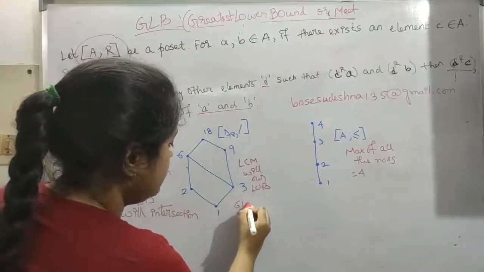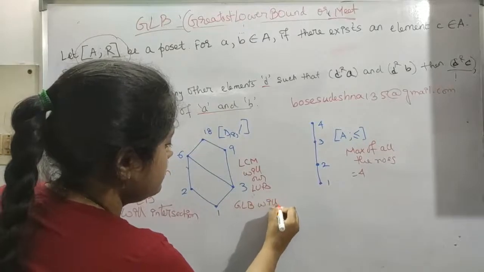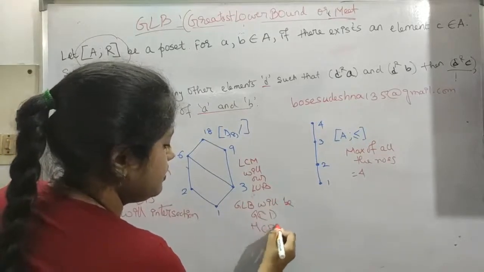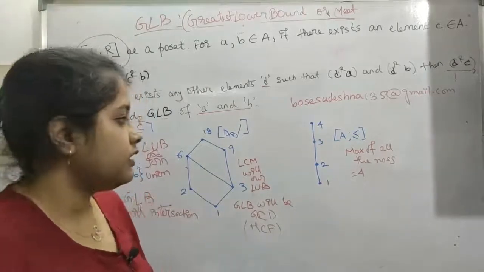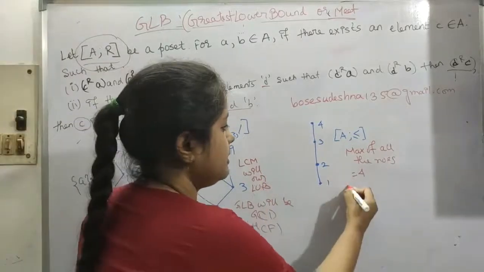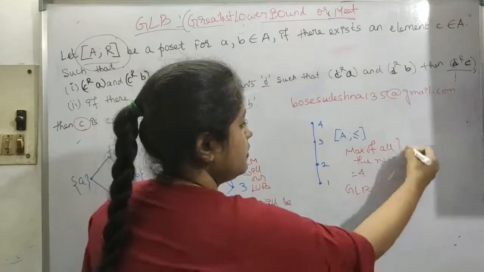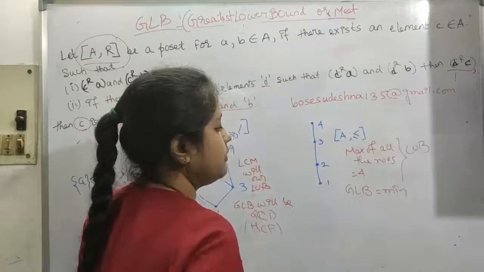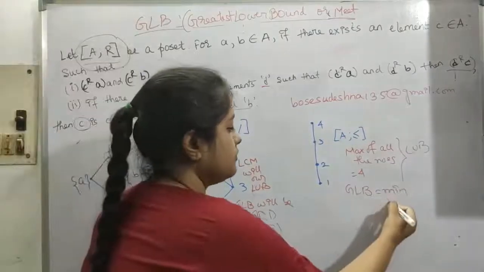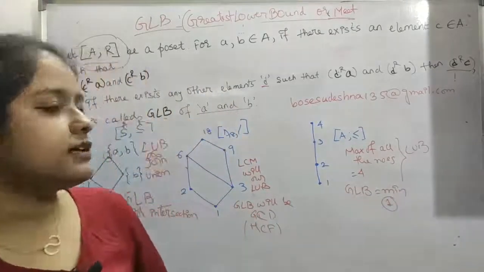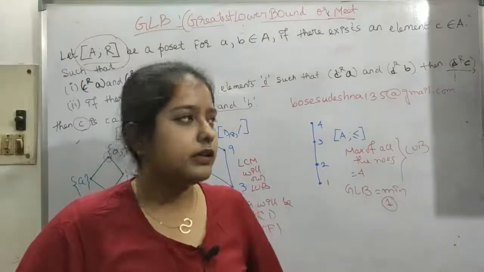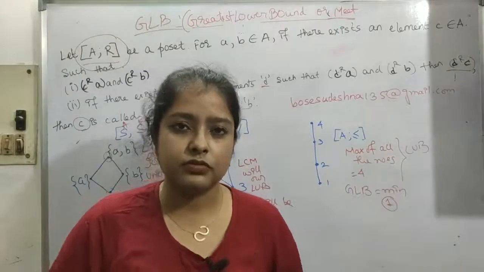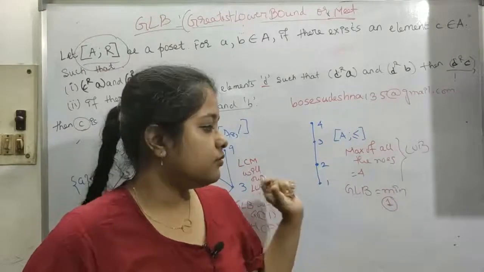So GLB will be GCD, I mean HCF, you know. And here, this is LUB, and GLB will be the minimum of all the elements, so here it is 1. With more examples it will be more clear. We will do types of lattices, then some more, and then examples we will also do. Keep watching.